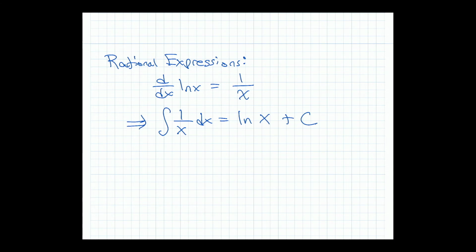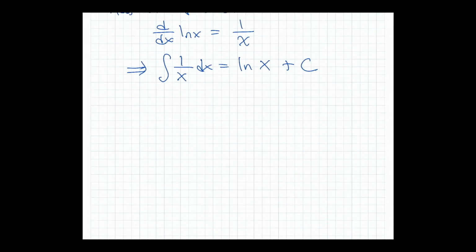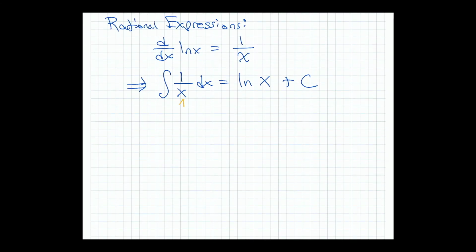But there's something missing here, and that is as follows. This function right here, the 1 over x, you're allowed to plug in positive and negative numbers in there.